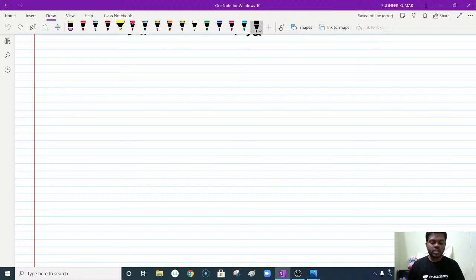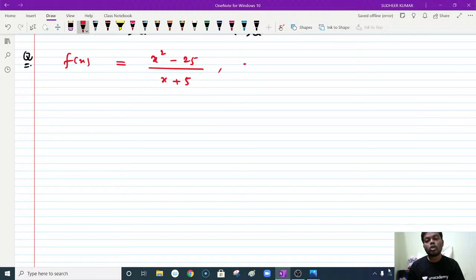Suppose the question is given: find the points of discontinuity of f of x equal to x square minus 25 by x plus 5, where x not equal to minus 5, right?